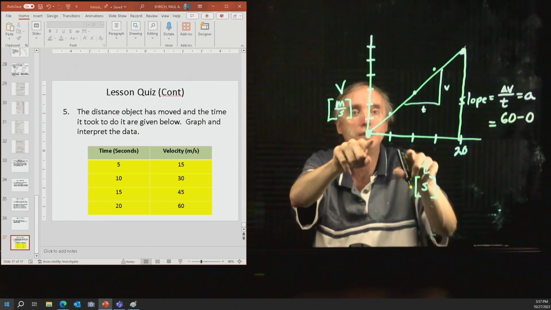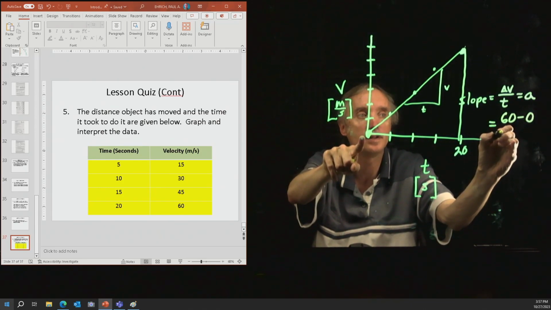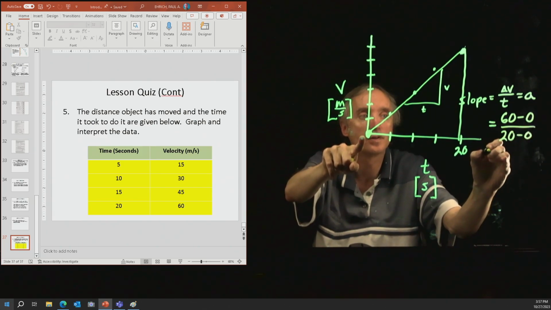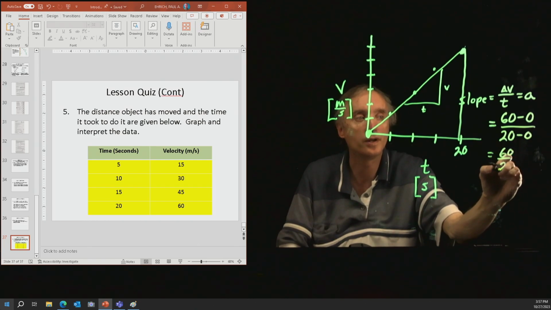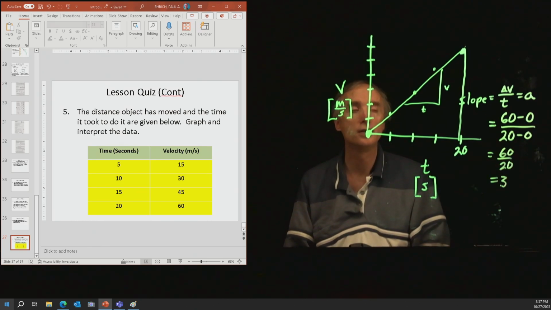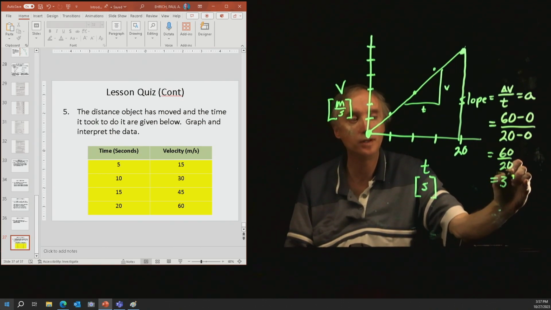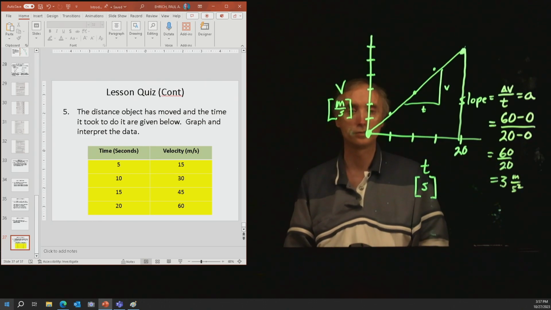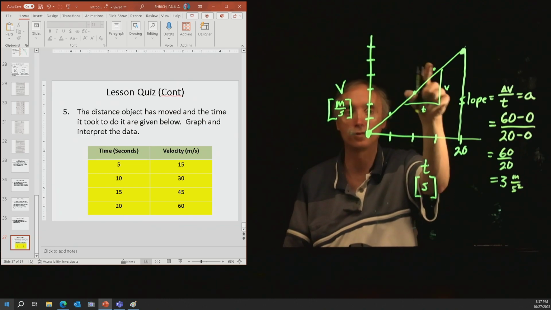And then my change going this way is 20 minus 0. So I end up with 60 over 20, which is 3. And then it's an acceleration, so we're going to say 3 meters per second squared. So that's the interpretation of the graph.